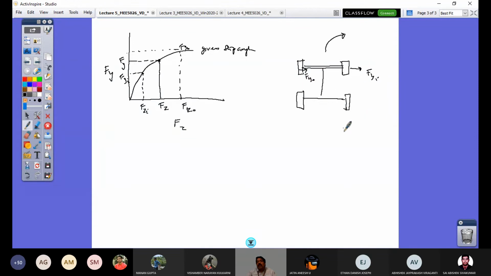The sum Fyi plus Fyo provided by the two tires is less than 2Fy. If I have two tires, it is supposed to be 2Fy, but it would be lesser than that because of this nonlinear variation. So this sum will be lesser than that. This is the reduction, and this reduction for the chosen slip angle cannot meet the required 2Fy. So what is the required lateral force?